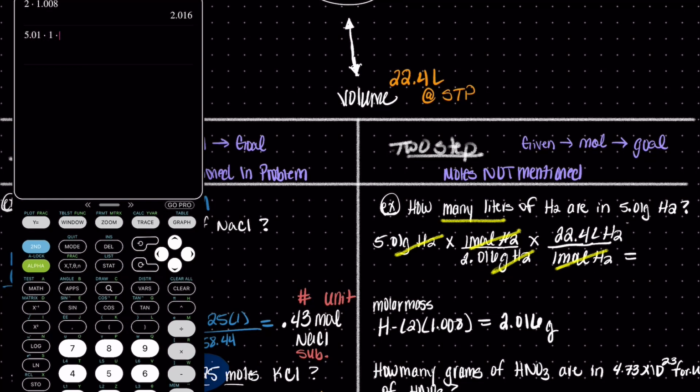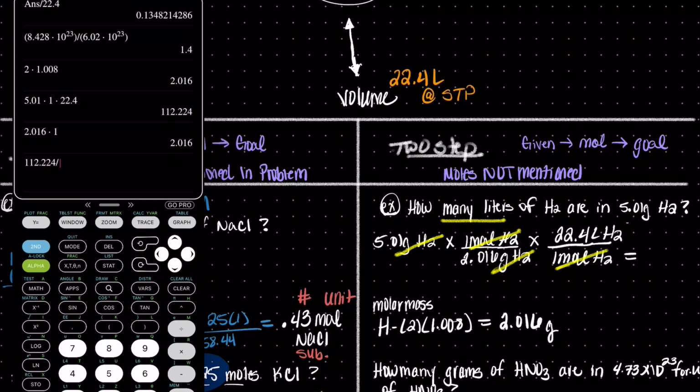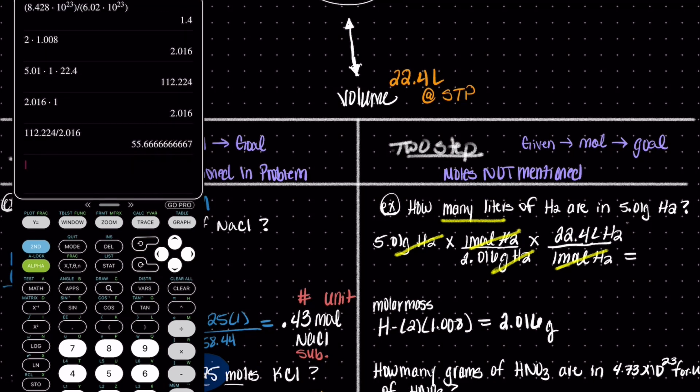5.01 times that 1 mole times 22.4, I guess my top value. My bottom value is 2.016 times 1, of course, is the same thing. Now we do top number divided by bottom number. 55.666666 blah, blah, blah, repeating.